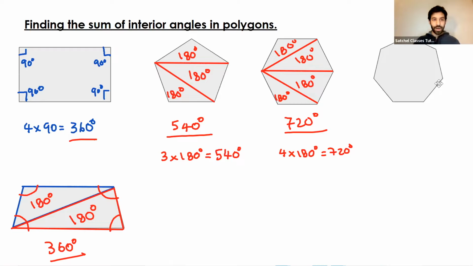Now over here we have a heptagon. A heptagon is a 7-sided shape. Now again, I can go about by splitting up into maybe 1 triangle and 2 quadrilaterals, but I'm just going to split this up into as many triangles as I can.